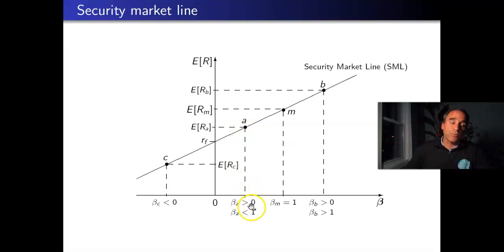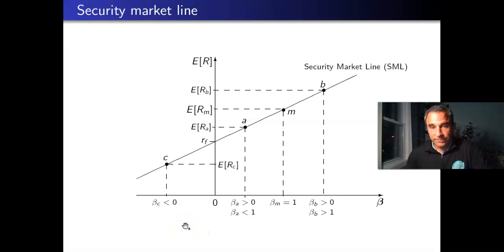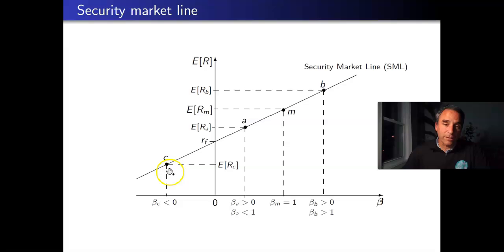A is an asset with a beta smaller than 1, and C is an asset with a beta smaller than 0. If your beta is greater than 0, your expected return is greater than the risk-free rate. If your beta is smaller than 0, your expected return is smaller than the risk-free rate.